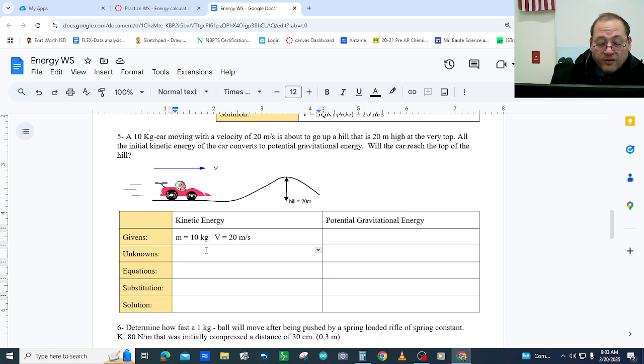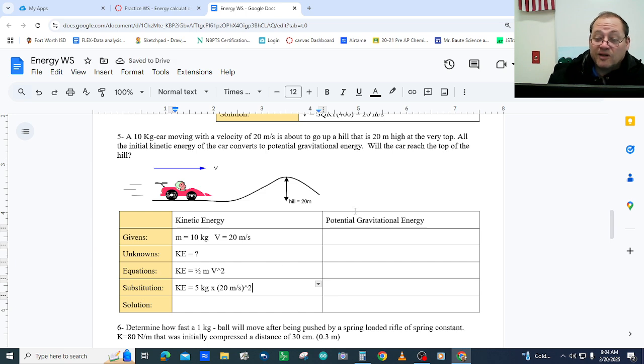And then we need to find the kinetic energy in this side. So we're going to use the equation for kinetic energy, which is half the mass times the square of the velocity. All right, and the kinetic energy will be equal to, okay, if the mass is 10 kilograms, half the mass is 5 kilograms. 5 kilograms times 20 meters per second squared.